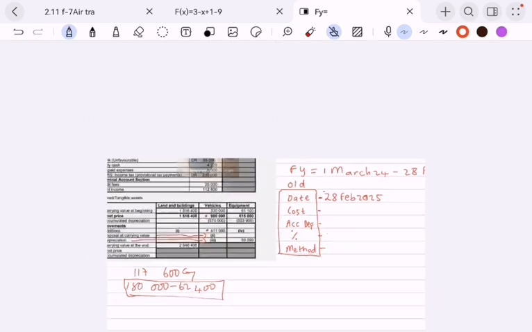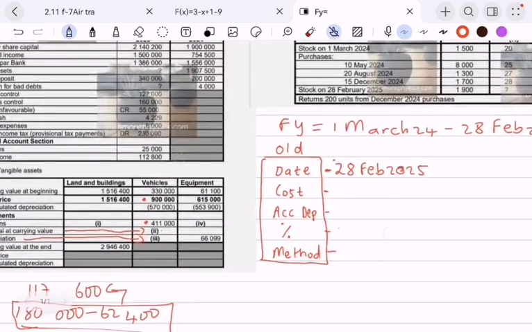So the cost of the old that we're dealing with, quite easy and simple, it's your 900,000 and your accumulated depreciation, that is 570,000. Right. And then what about your percentage?